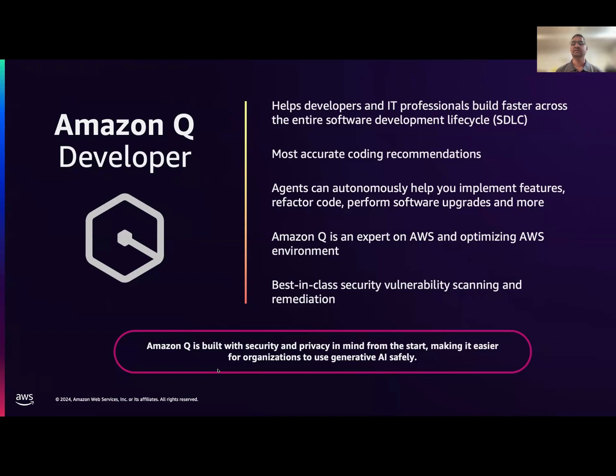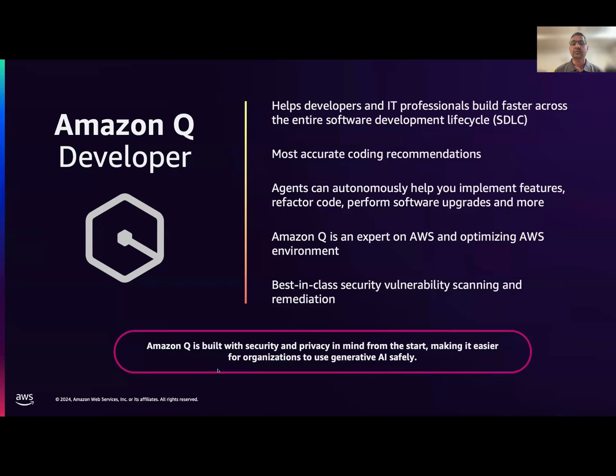We have many customers seeing up to 50 to 60% of code suggestions accepted. So Amazon Q Developer's unique generative AI capability helps developers far beyond coding. Q Developer is going to help you in writing your documentation, unit testing, and even program upgrades. And it can also closely integrate with your current DevOps pipeline.